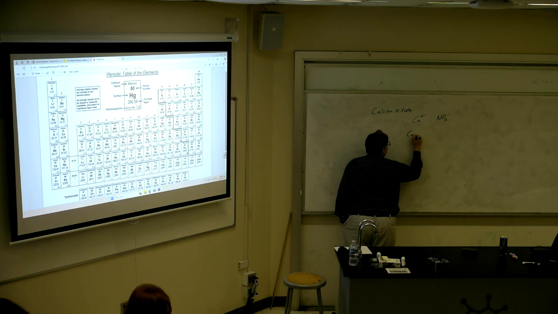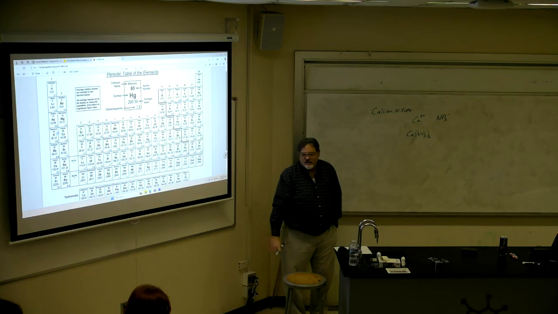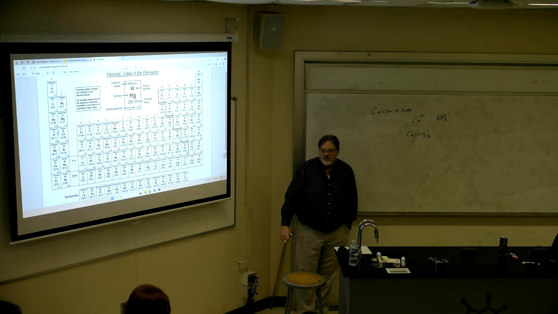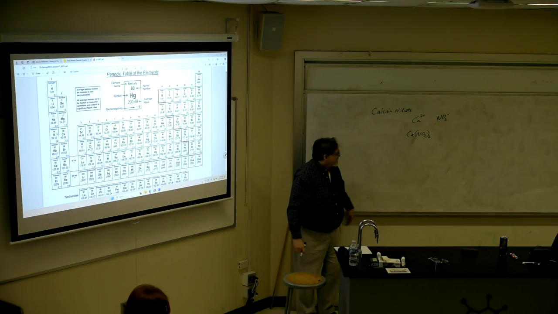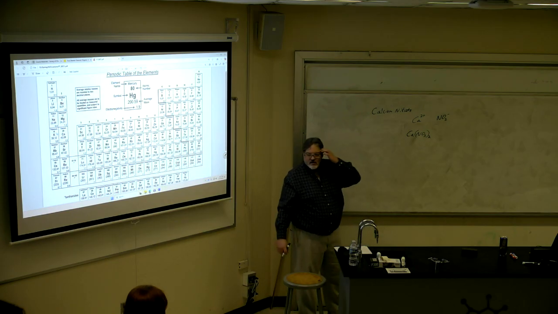The way you would write that, Ca(NO3)2. If you're gonna use more than one, that's when you use the parentheses. And this refers to how many of these are present. Does that make sense? But you don't have to put the plus and the minus again.